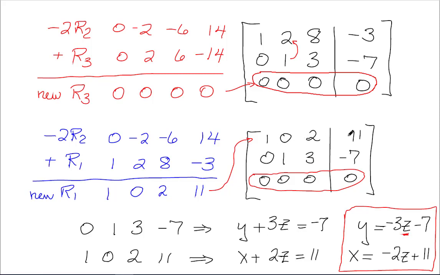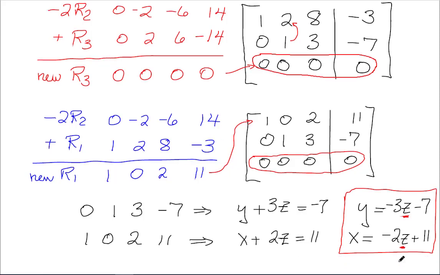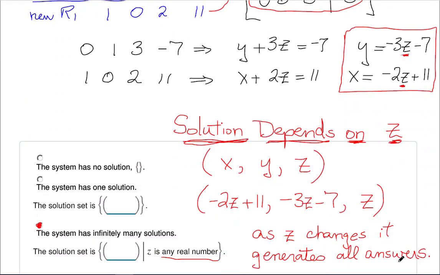And if I take the top row, I get 1, 0, 2, 11. So 1x plus 2z is 11, or x is minus 2z plus 11.